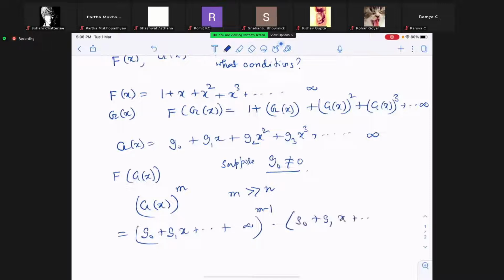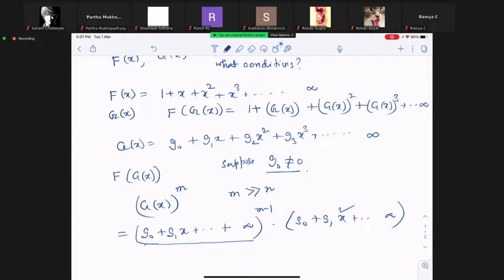Now if you take x to the n in the second term and everywhere else you take z0, z0, z0, that will give you a valid coefficient of x to the n.